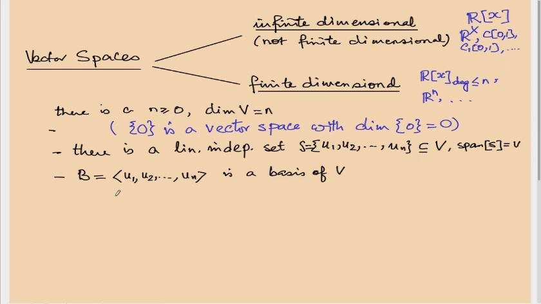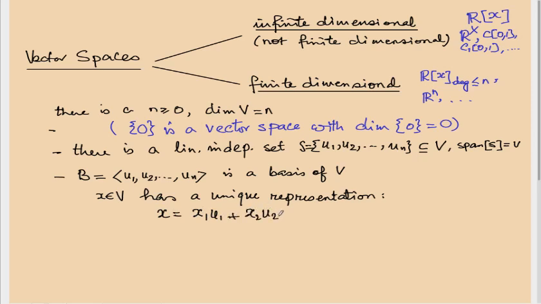And the moment I have a basis, every x in V has a unique representation, say x is x1 times u1, x2 times u2, and we will say that x1 is the u1th coordinate of x, x2 is the u2th coordinate of x, and so on.